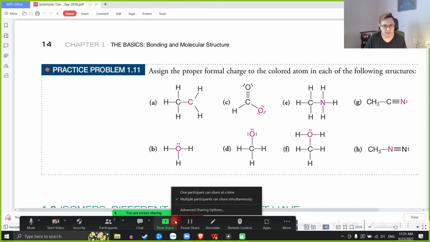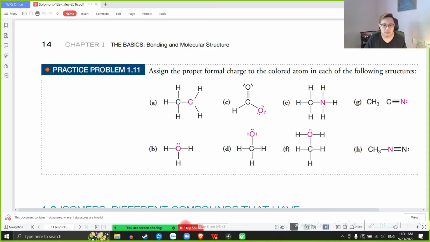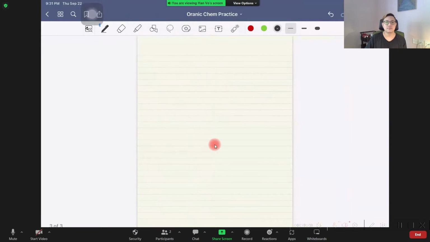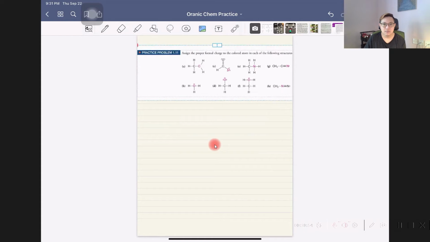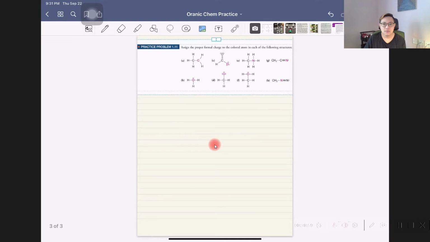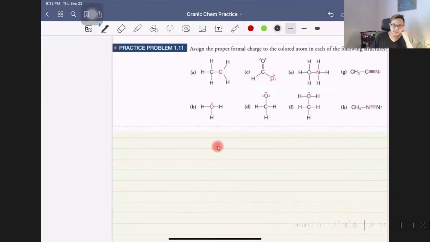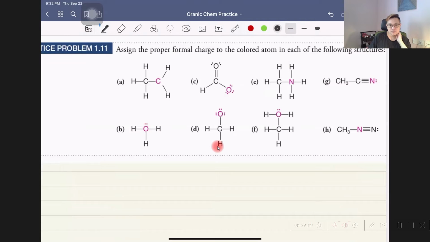How can I swap to your share? I think only one person can share the screen at one time. Okay, you can see my sharing now. Perfect. Alright, let's draw it.